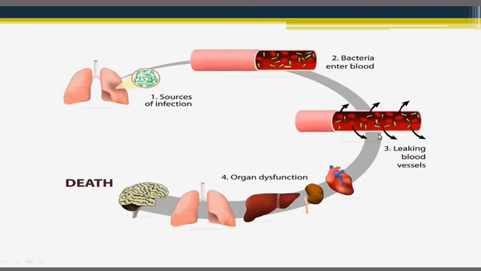If the bacteria or its toxin leak out of the circulation, they will involve a lot of organs other than the primary source of infection, like the heart, the kidney, the liver, the brain, and this will lead to what is called multi-organ system dysfunction, and the eventual fate of this sequela will be death. So this starts with a localized infection, then goes on to be sepsis that ends with death.